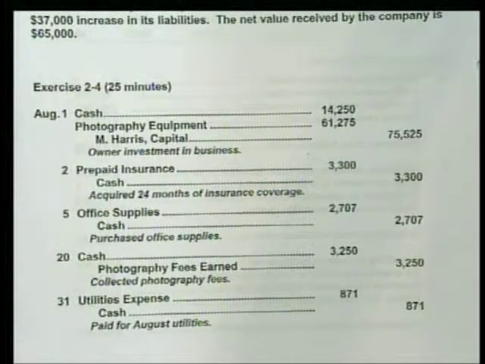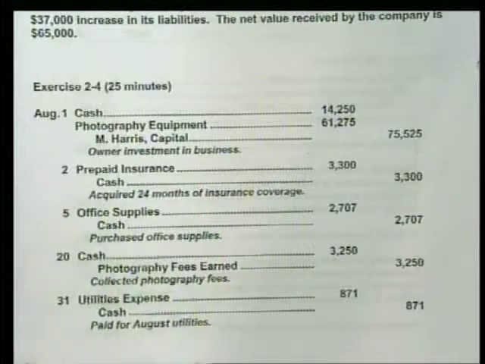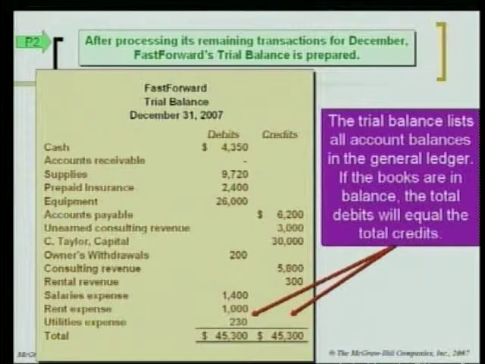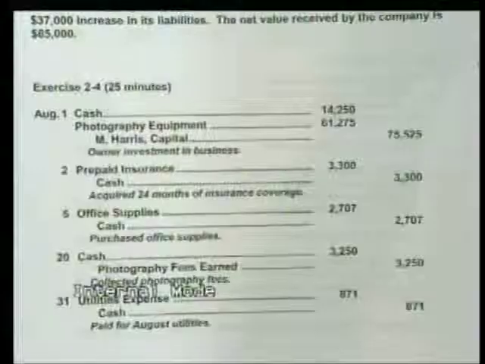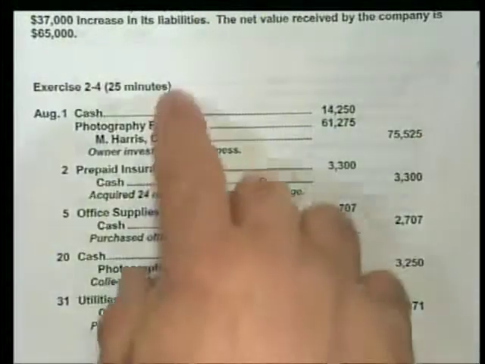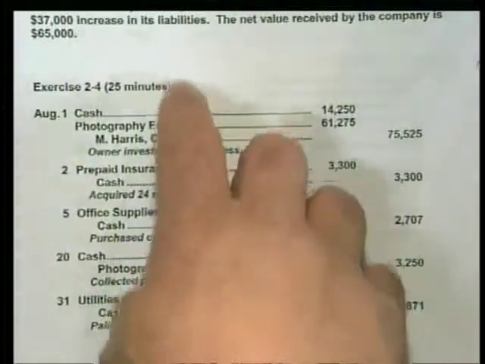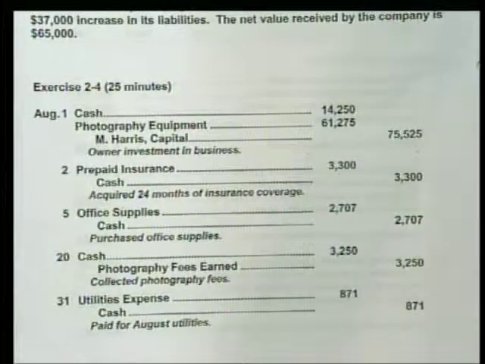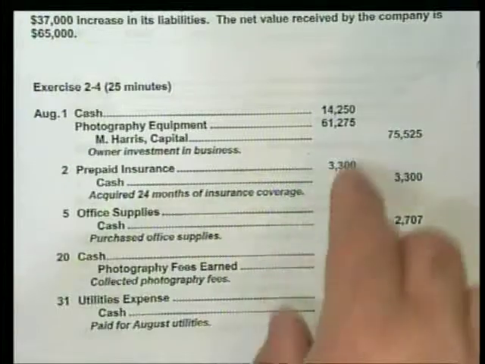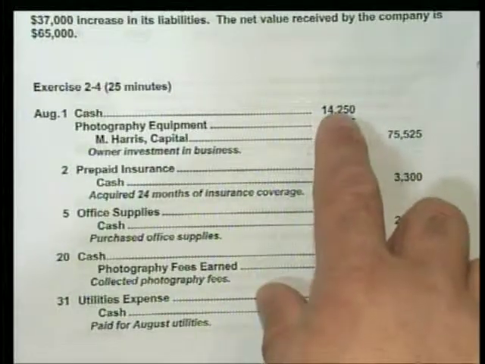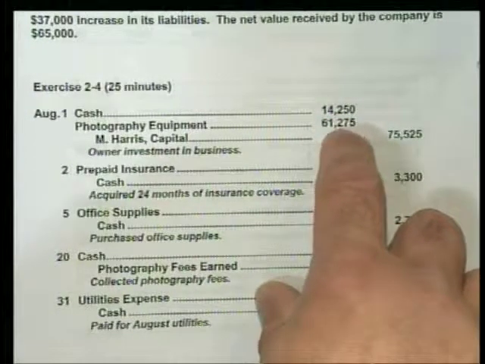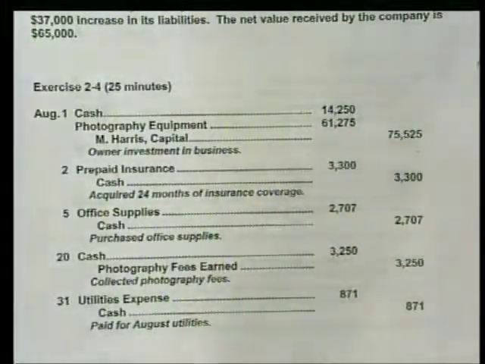So when you went over to the PowerPoint, there's some accounts up here that will not be in your T accounts. That's fine. Don't make T accounts for those. Just make T accounts for the accounts that you are considering in that specific exercise. Okay? So you'll debit cash for $14,250, then debit photography equipment for $61,275, and so on.